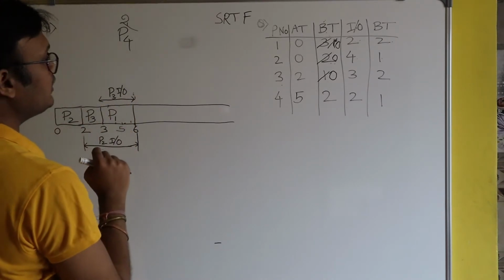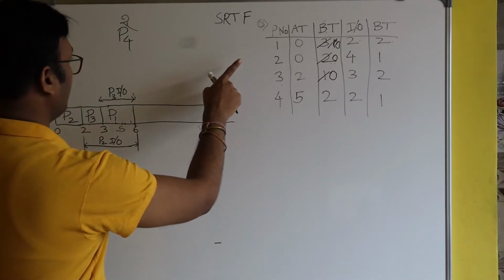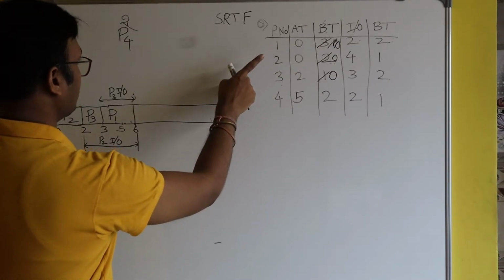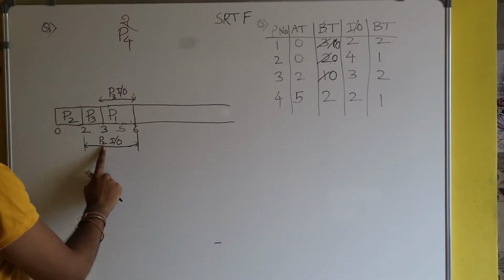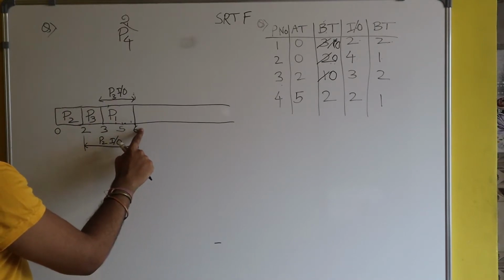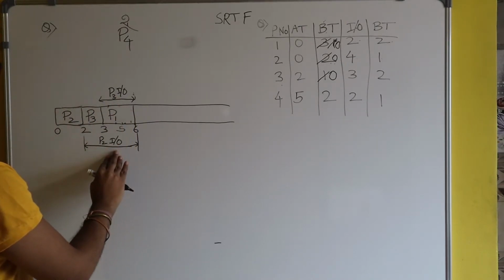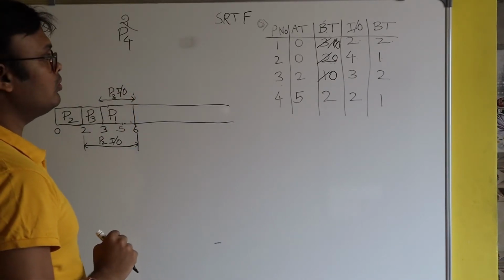So process P4 is there. And also you can see that process P2 and process P3 have completed their IO at the 6th second. It means what? Both process P2 and P3 are ready to run again with the CPU.